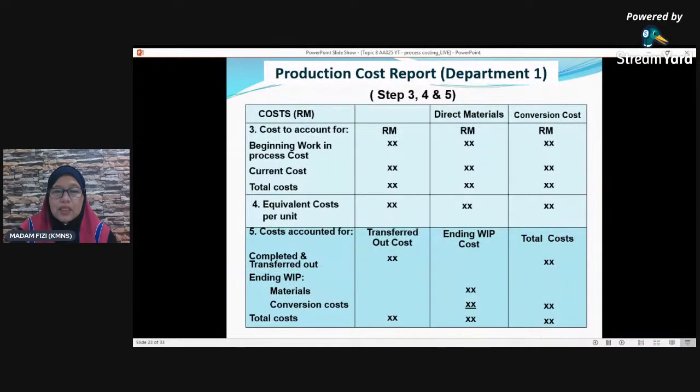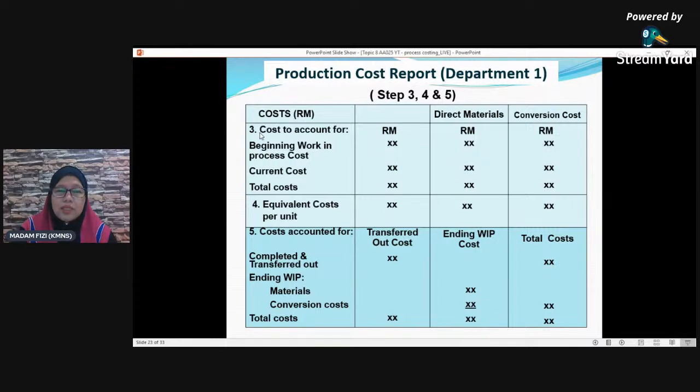For step 3, 4, 5 is for cost. Dekat sini baru kita letak dia punya costing. So in this step, macam biasa ada direct material and also ada conversion cost. And another kotak here is the total.